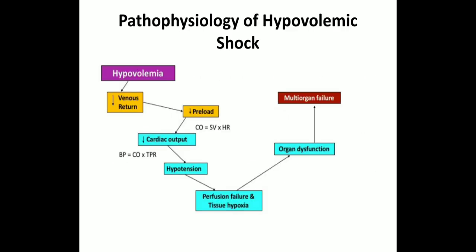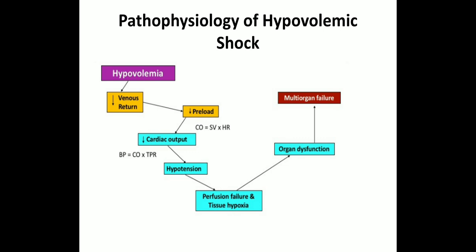And what is the pathophysiology of hypovolemic shock? If there is hypovolemia, there is decreased venous return, see in the picture, a decrease in preload, and you all know that cardiac output is equal to stroke volume times heart rate. If preload decreases, cardiac output decreases.